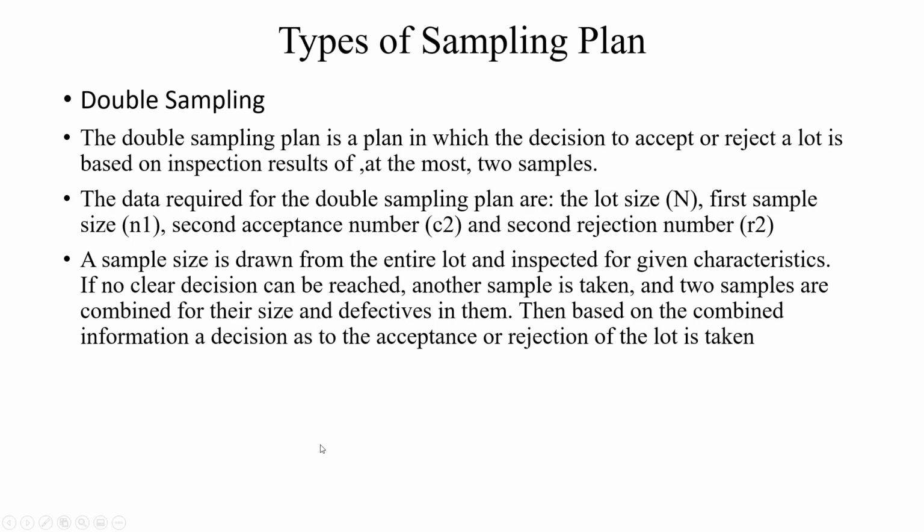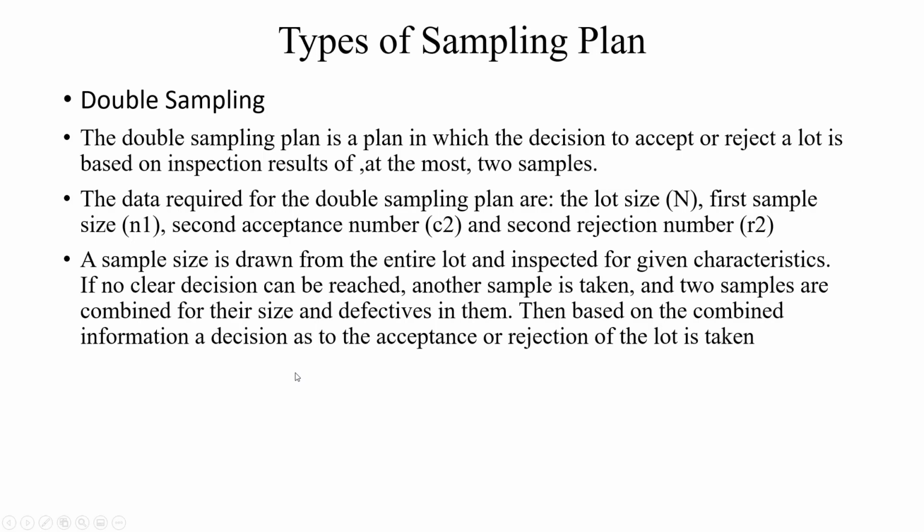The data required for the double sampling plan are the lot size, as we already need in single sampling, the first sample size, because how many units she will take in the first sampling, the second sample size, how many units she will take in the second attempt, and the rejection number and the acceptance number. A sample is drawn from the entire lot and inspected for a given characteristic.